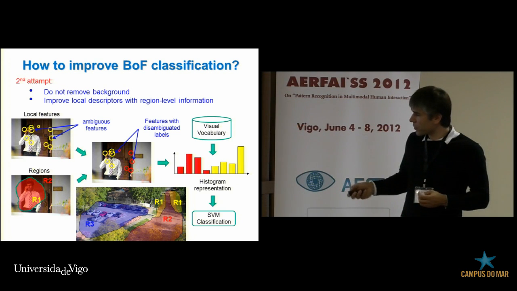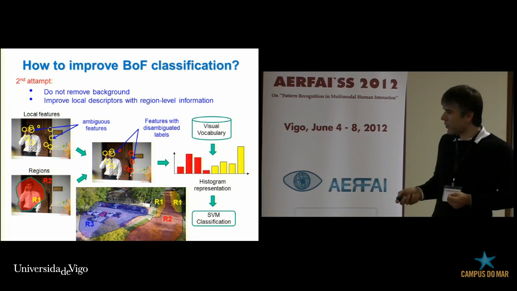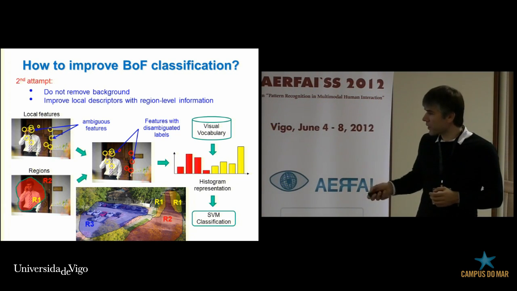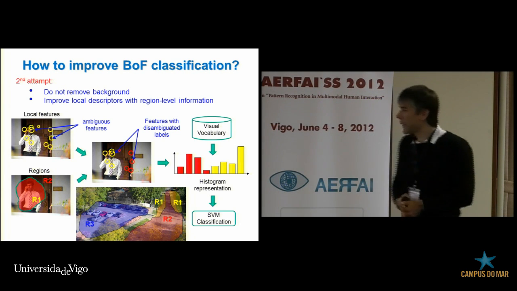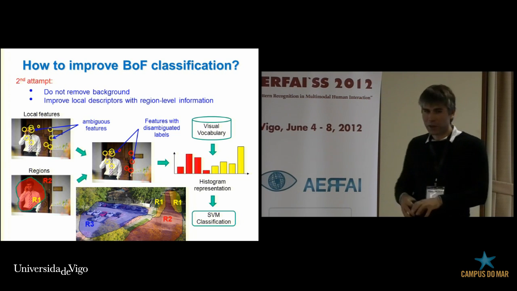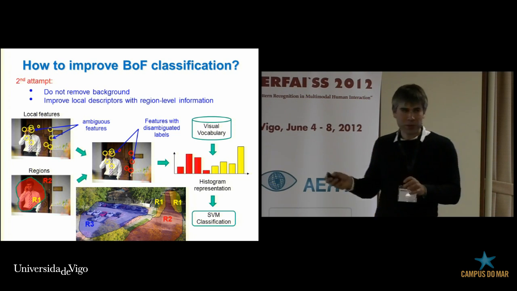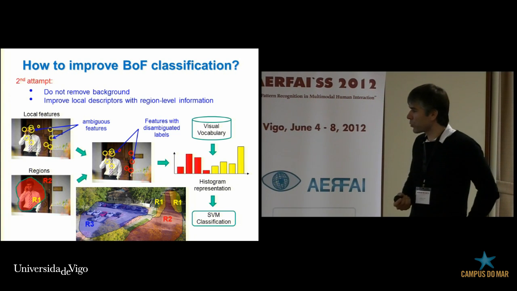For example, R2 is a road, and this is a parking lot. Then we can expect that features appearing here and features appearing here correspond to different events, because here cars are running and here maybe people are getting out and doing different things. So maybe we don't want to confuse this type of events with this type of events. Given this segmentation, we can compute bag-of-words for different types of regions. Hopefully this should improve.